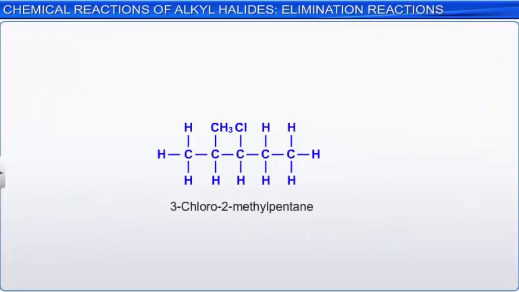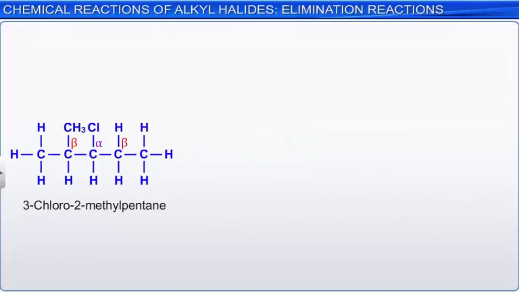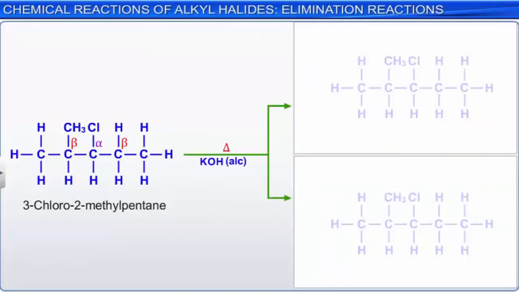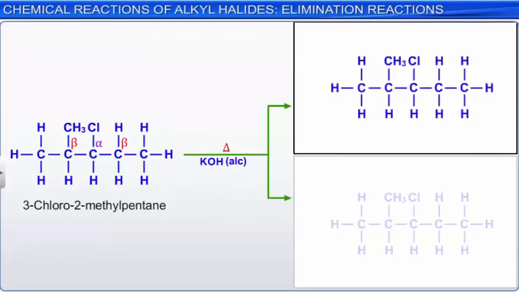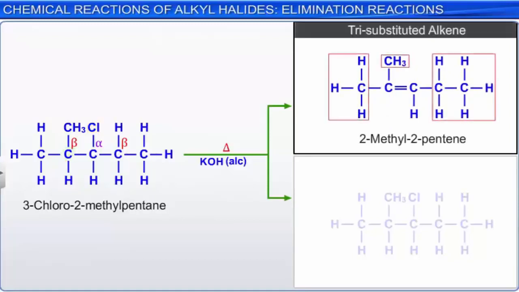Let's look at an example. Looking at the reactant molecule, we see that there are two beta carbons, one on either side of the carbon attached to the chlorine atom. We could remove a hydrogen atom from either beta carbon, leading to two possible products. When we draw the structure of the two products, we see that the first product, formed when a hydrogen atom is removed from the left beta carbon, has three alkyl groups linked to the carbons of the double bond.